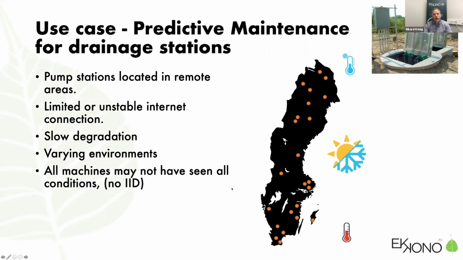But if you can combine the learnings from a machine in the north of Sweden, you don't need to wait for that. You can actually learn from the other devices and speed up the learning. And here, the driving factor is really that you don't have enough internet connection or bandwidth to send the data, or it's too costly really, because you want to minimize the traffic and the hardware that you need.